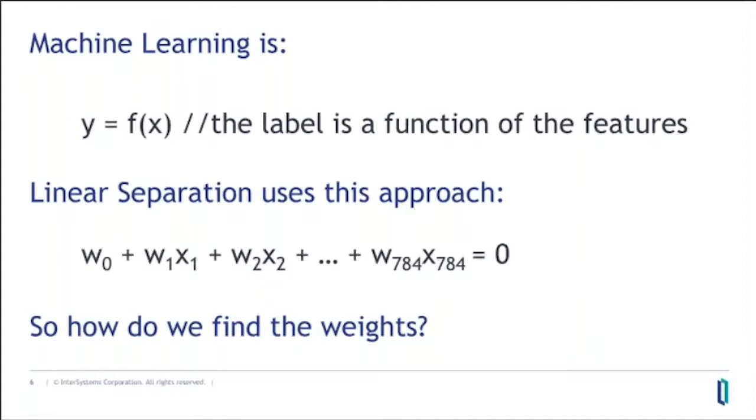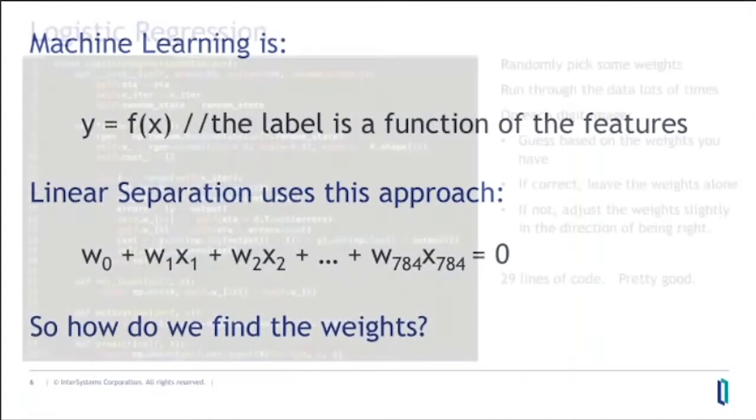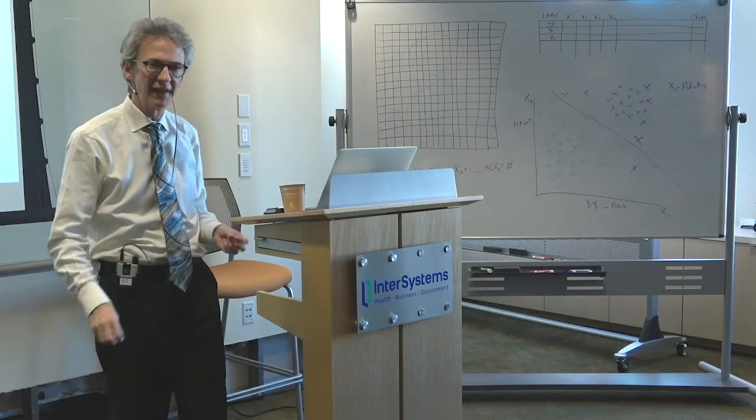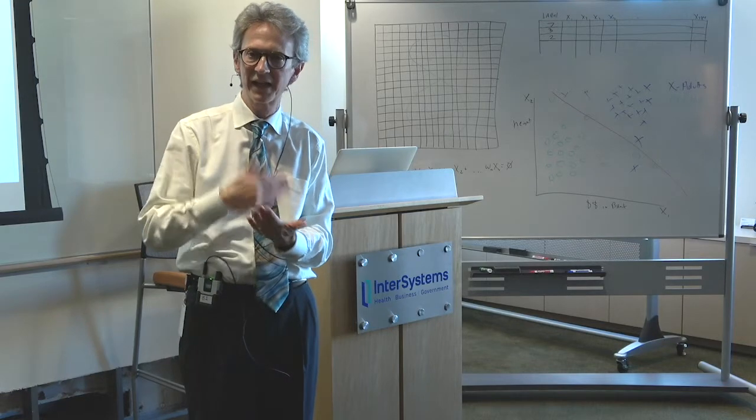So how do we find the weights? Again, this is the review section. It turns out you can do these handwritten digits in 29 lines of code. Like I said, it would take me 6 months to do it in another fashion. But it's just these 29 lines of code, which we won't go through line by line. Essentially, it randomly picks 785 weights. And then it does this a lot of times through the data set.